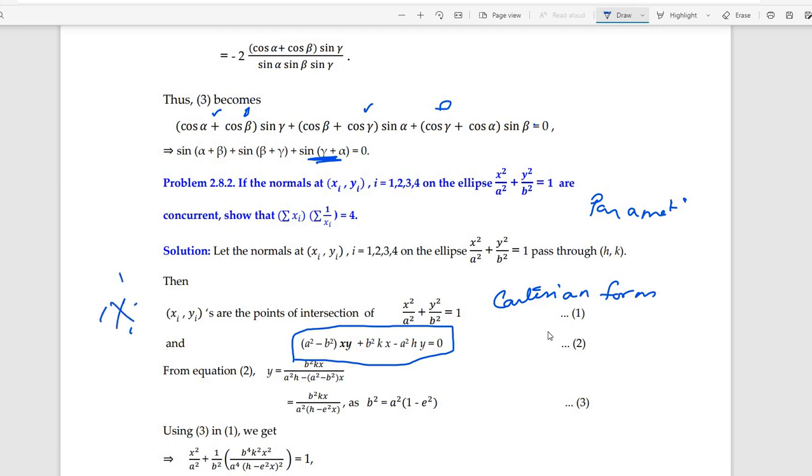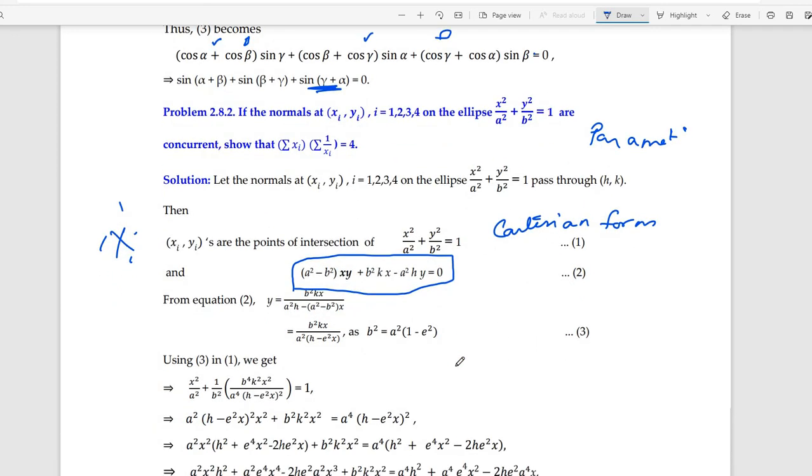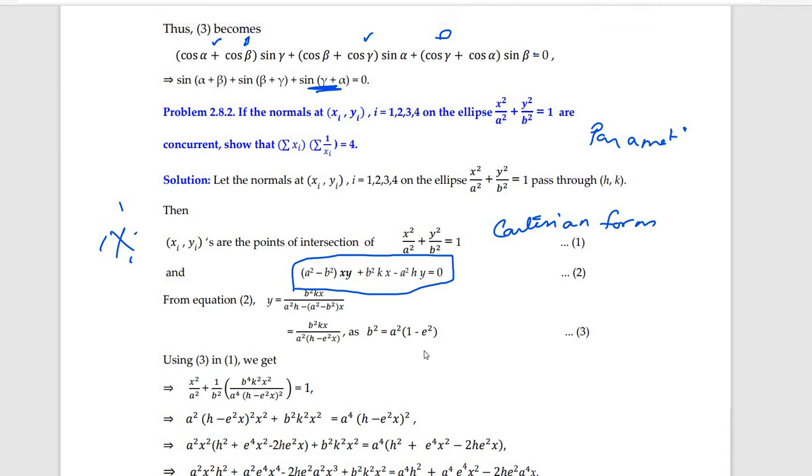We need to consider the Cartesian form of equation of ellipse. So from equation 2 we get our y to be, taking everything to the other side, this. And this is further simplified because a square minus b square, when we consider from here, b square is equal to a square minus a square e square.